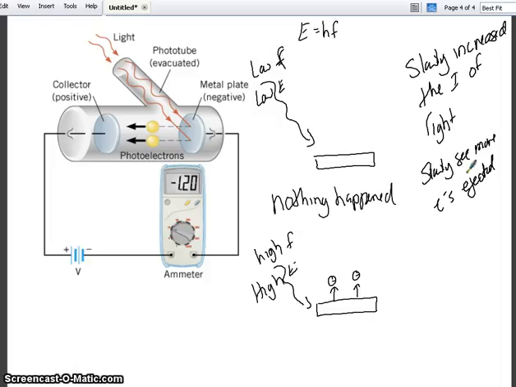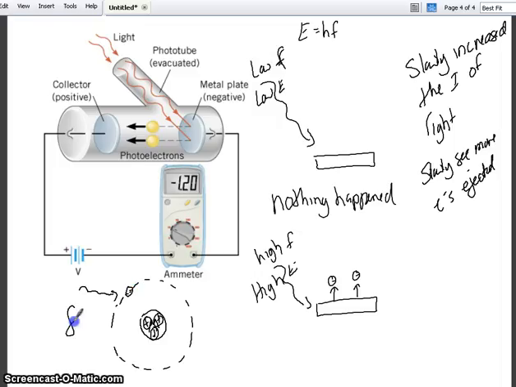We have metal. Metal's made of just a bunch of nuclei. So here's a metal nucleus. Around it is an orbiting electron. The positive charges in the nucleus are keeping the negative electron close to the nucleus. And if we hit this with some energy, it's going to absorb some energy, and we know that if it gets more energy, it's going to move faster.